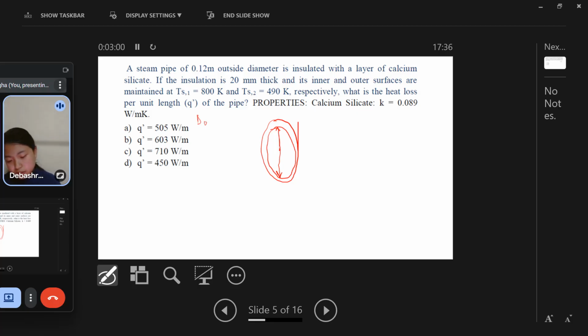D naught is given as 0.12, so R naught, or the outside radius, will become 0.06 meter.